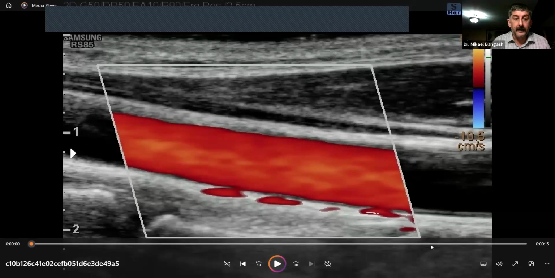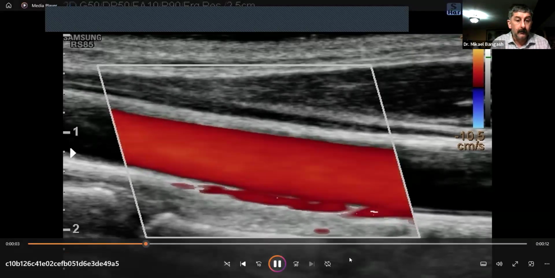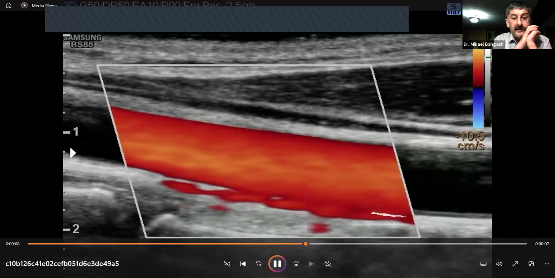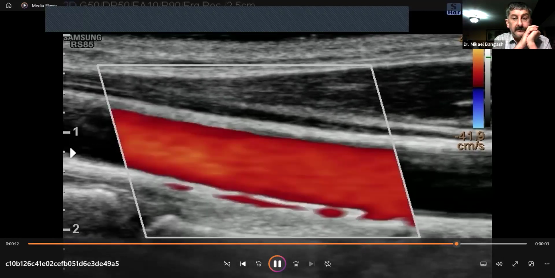Okay. Now you may say, well, this here is the Doppler. Here, this maybe is some ghosting, or maybe it's just some small capillaries. Don't worry about that. Good. Okay. So what do you see? Aliasing. And here's filter increased.